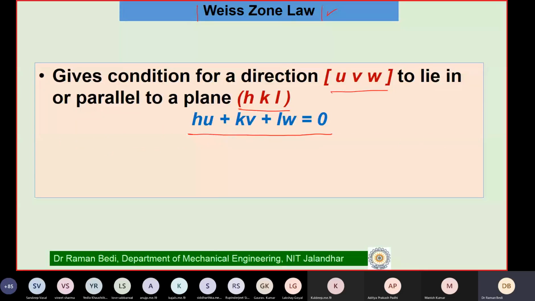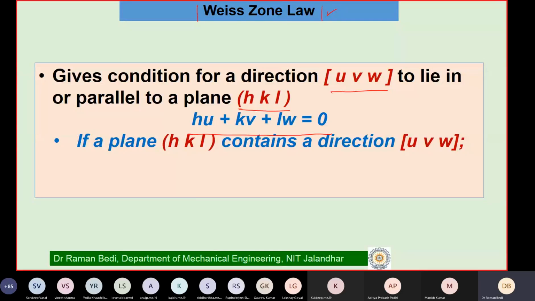If this statement is correct, then we can conclude that the direction UVW is contained in the HKL plane.